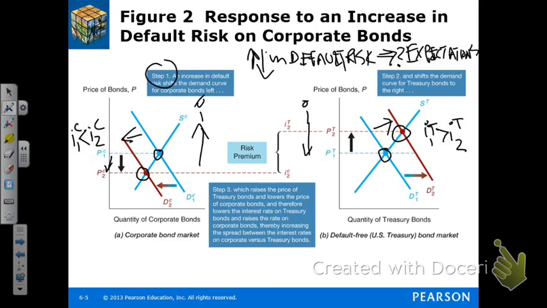That's a different story. Here, what we're trying to understand is how an increase in the riskiness, the default risk, of a bond really raises the spread between the interest rates, and therefore increases the risk premium. A lot of discussion, but the idea is that this is going to increase the spread.